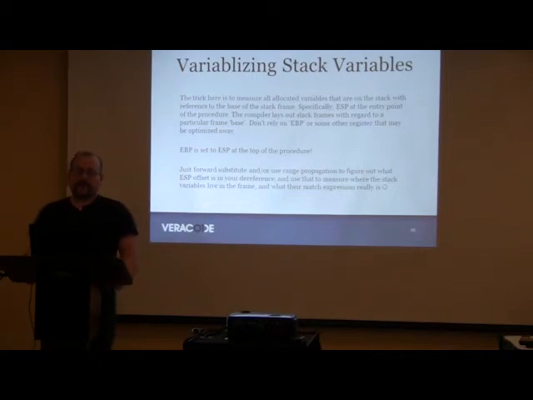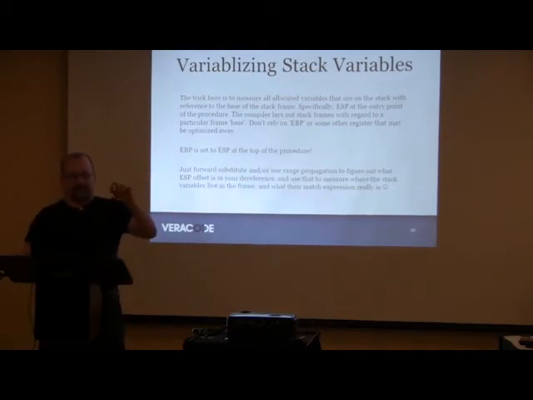So variabilizing stack variables. The trick here is to measure all of the allocated variables that are on the stack with reference to the base of the stack frame, which is effectively the ESP at the entry point of the procedure. So the base of the stack frame is going to be the value of ESP at the top of the function. That may move around as you do pushes and pops and things.